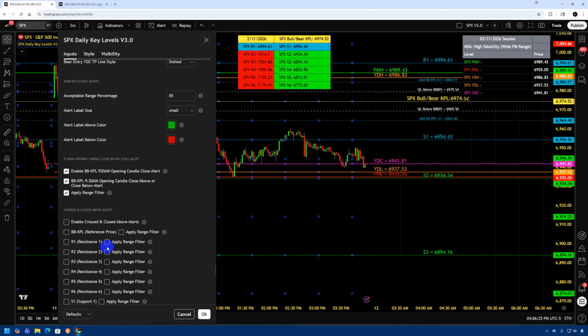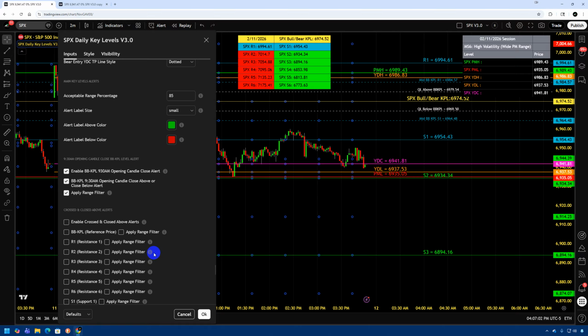Now, the reason for that, especially on these other alerts, is you may want to see an alert on R3 for taking a profit on a bullish trade from R1, and you don't really care about how far above R3 it may close. You just want to know that it closed above R3. So you may not want to apply the range filter in that type of instance for that particular purpose.